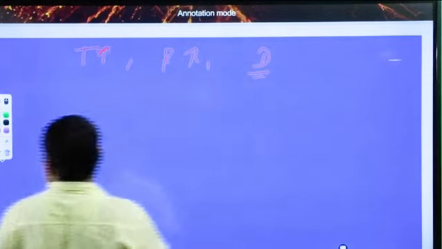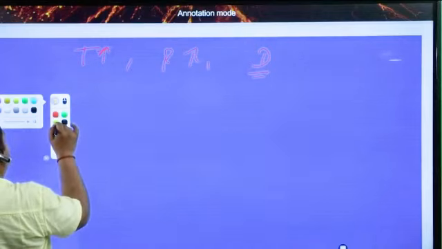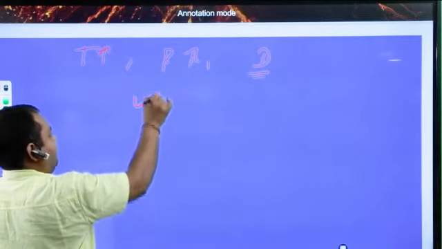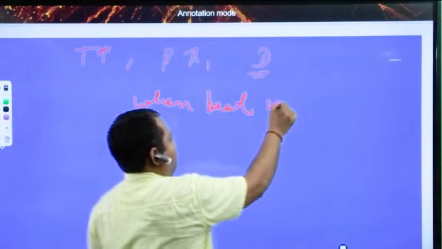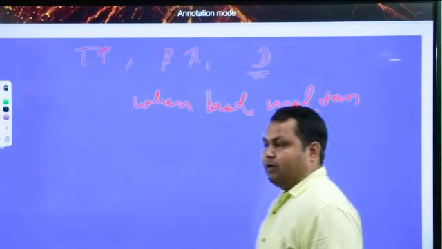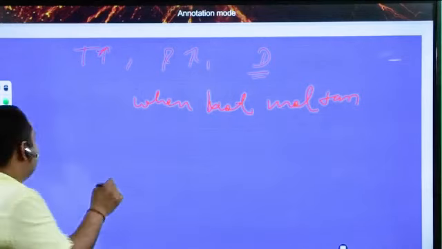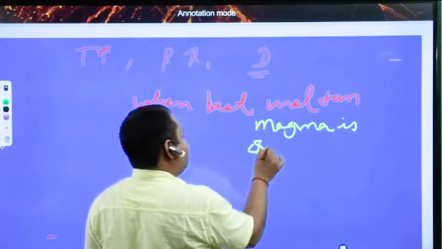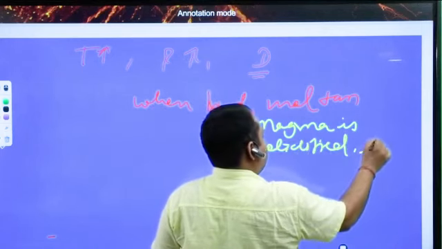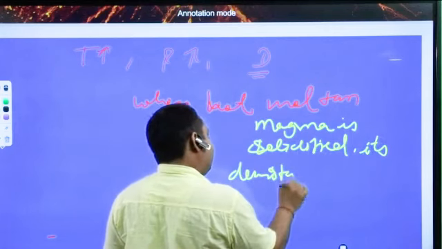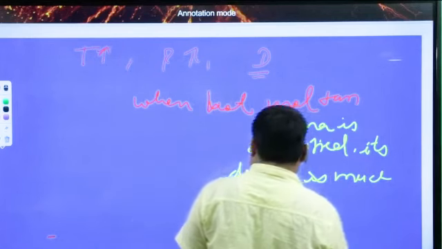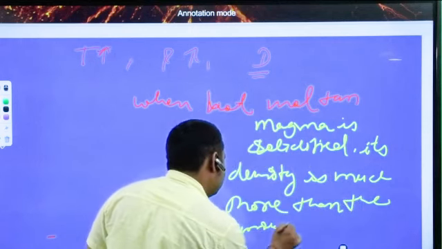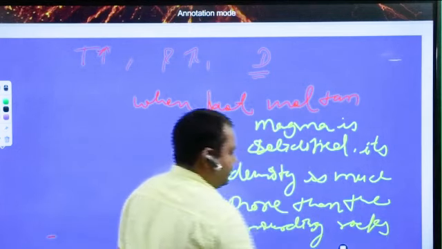If we talk about the density, when the hot molten material or the magma is cooled and solidified, its density is much more than the surrounding rocks.